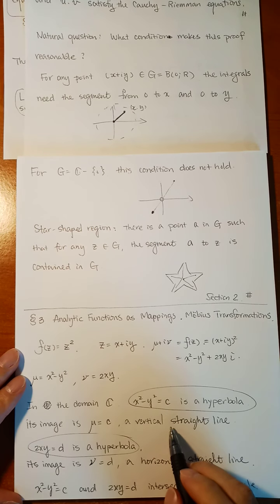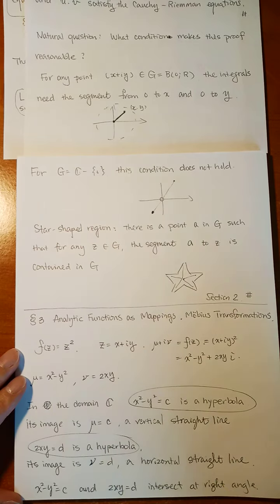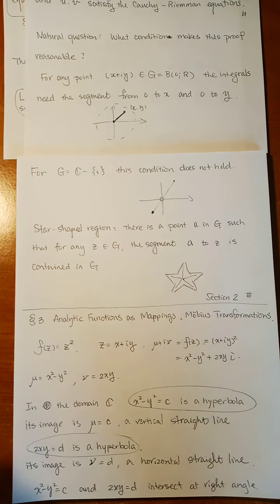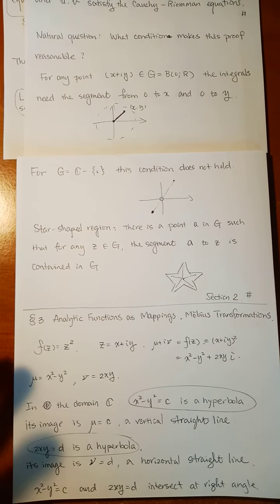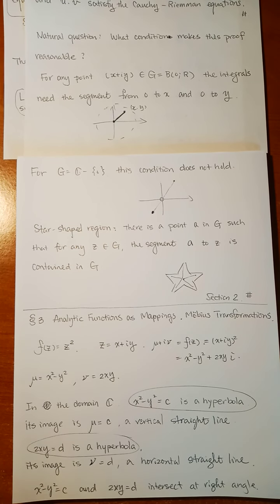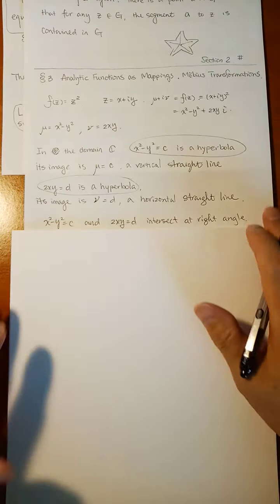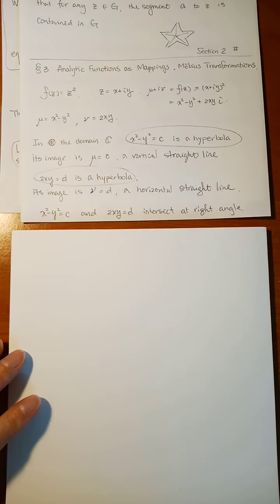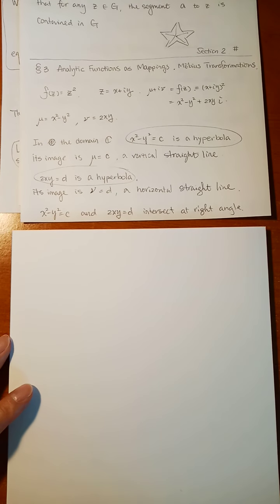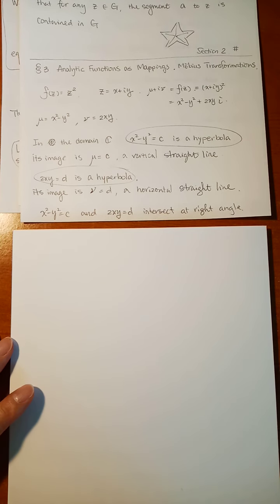And those images, the vertical straight line and horizontal straight line, they also intersect at the right angle. Yes? Okay, so it seems the angles are preserved by the square function.